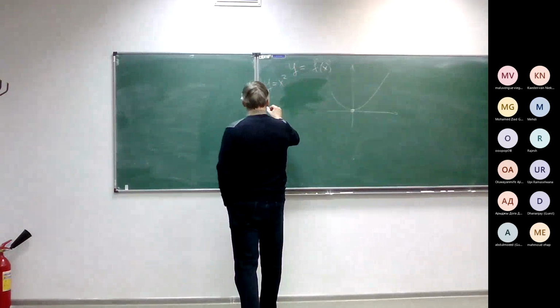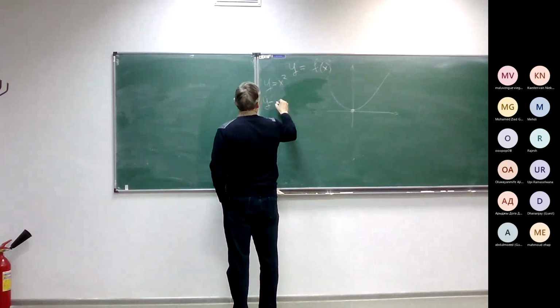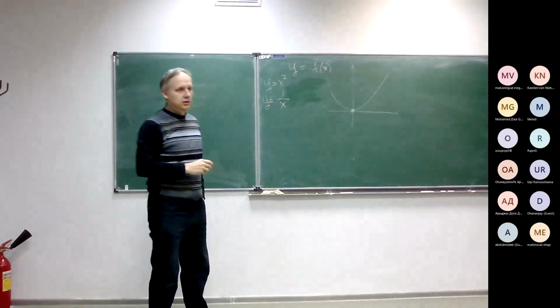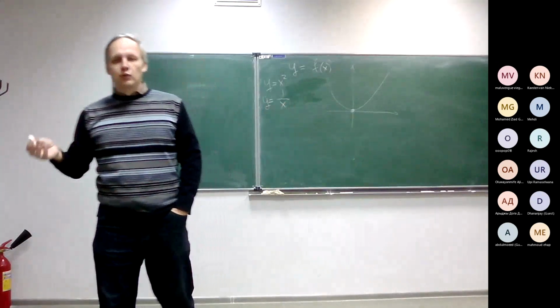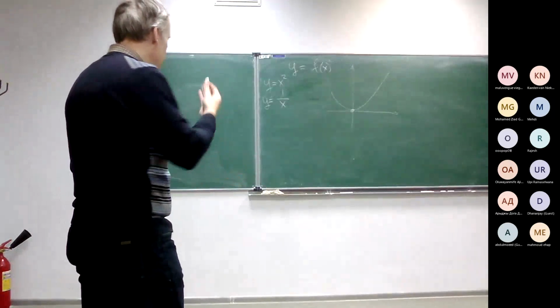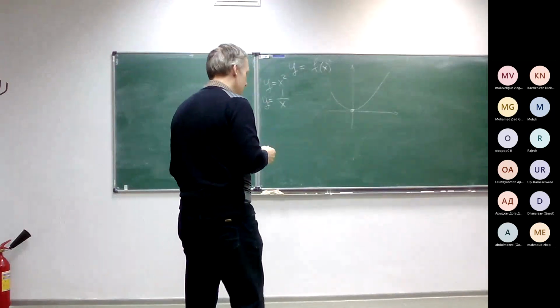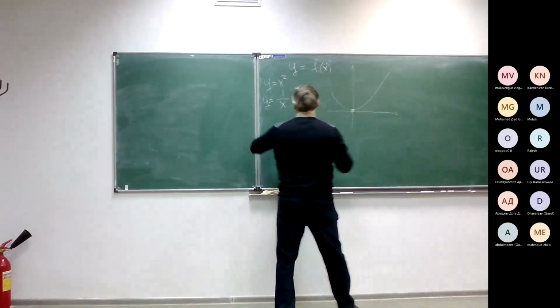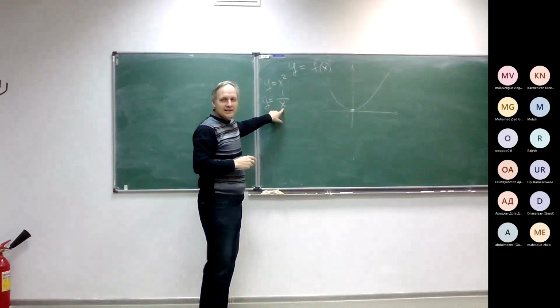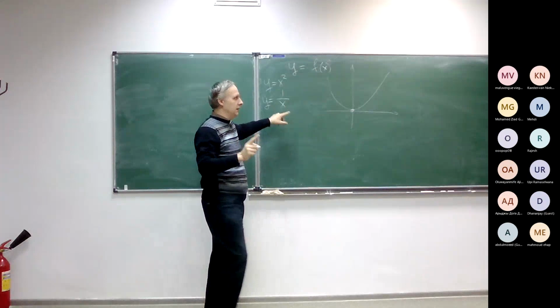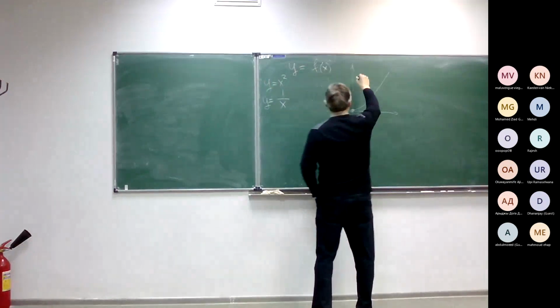Let's consider another function: y equals 1 over x. What is the graph of this function? It looks like this. You see that when x equals 0, this function is not defined.